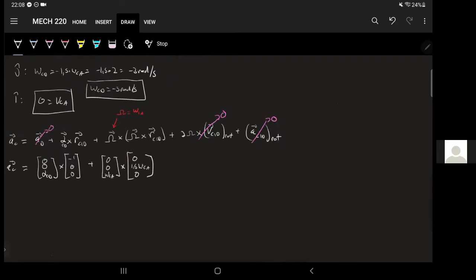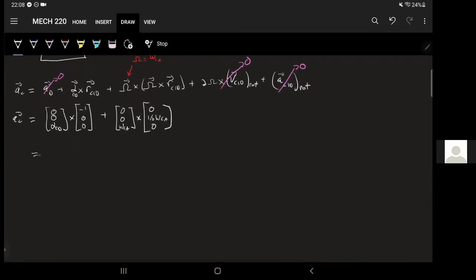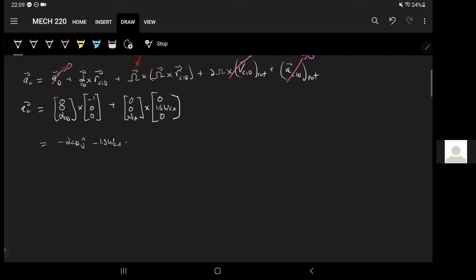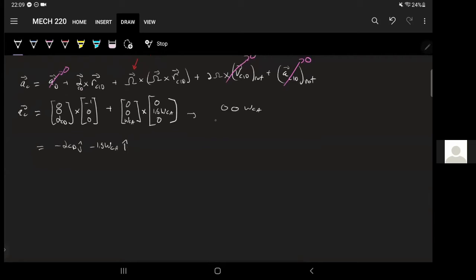And then we cross multiply everything. We have minus alpha CD J, of course, minus omega squared CA 1.5 in the I direction, because this is going to be 0, 0, WCA, 0, 1.5 WCA, 0.